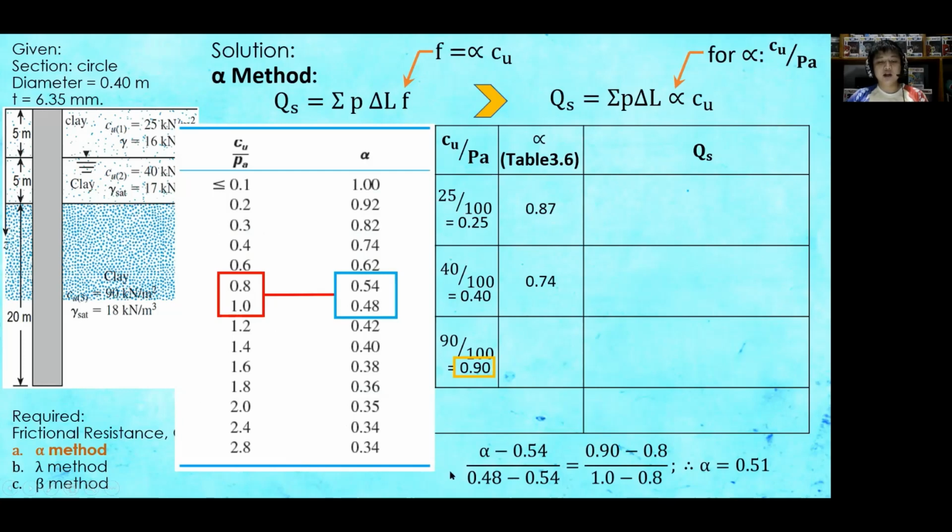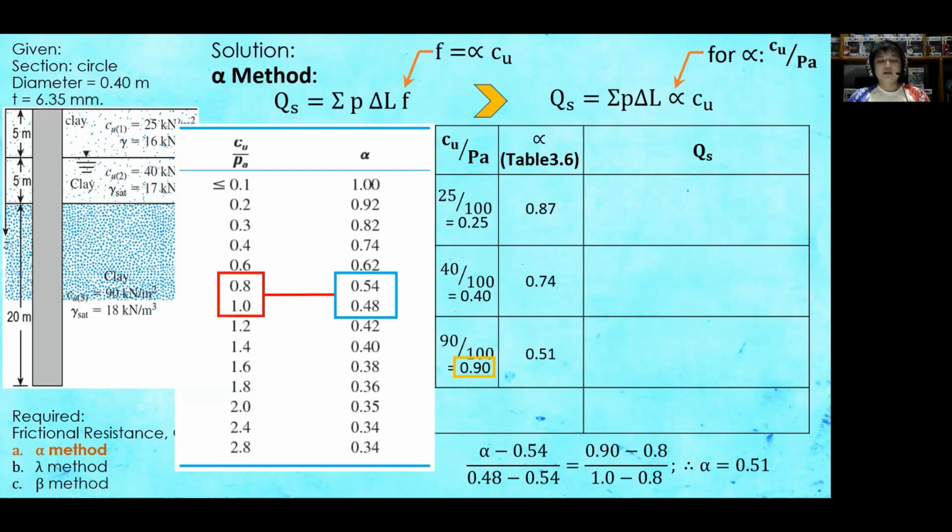So for the interpolation, we have the unknown alpha minus 0.54 divided by the outer difference, 0.48 minus 0.54, do the same for our ratio, that is 0.9 minus 0.8 divided by the outer difference, 1 minus 0.8. Therefore, alpha is equal to 0.51.